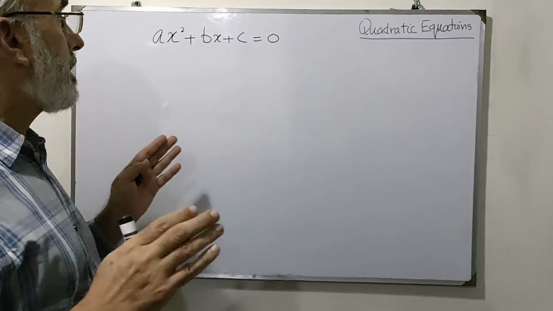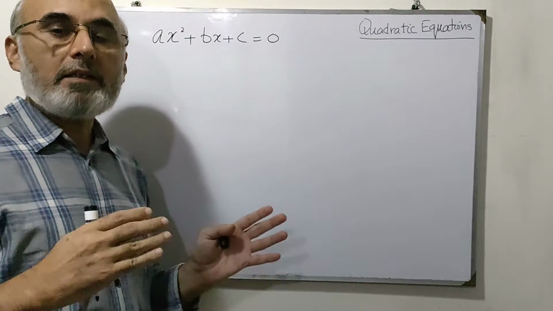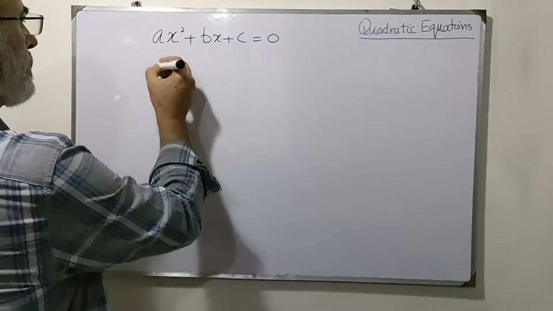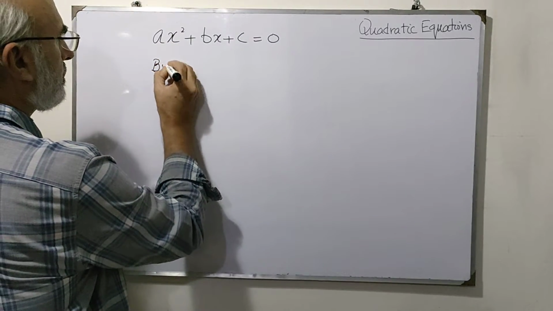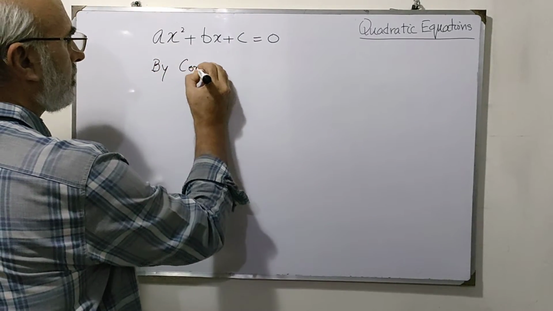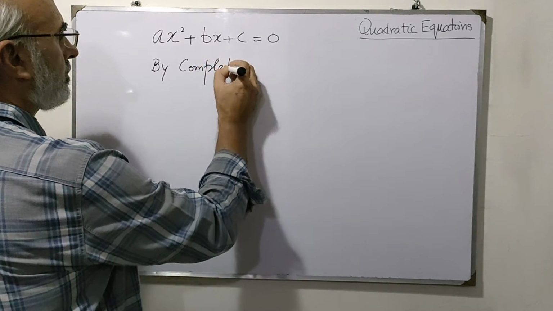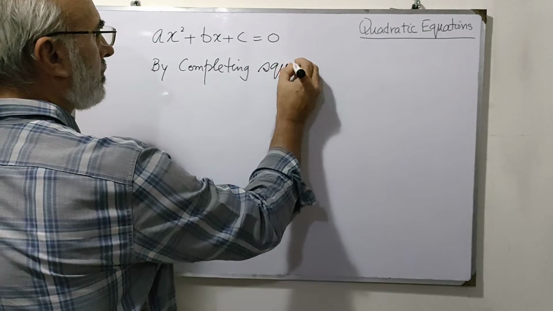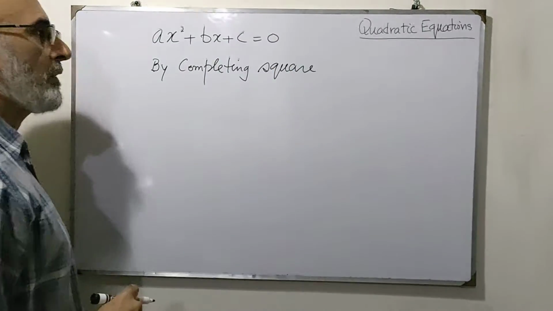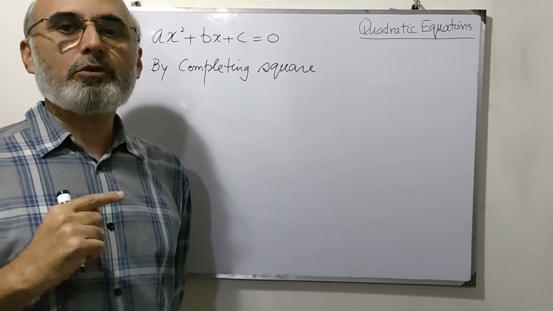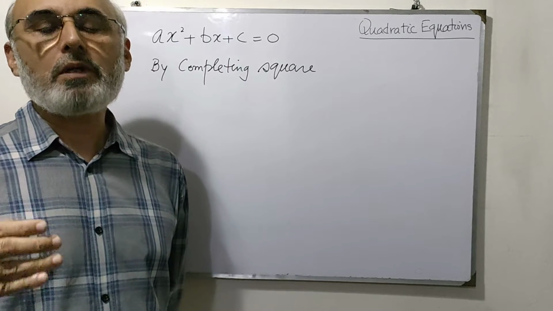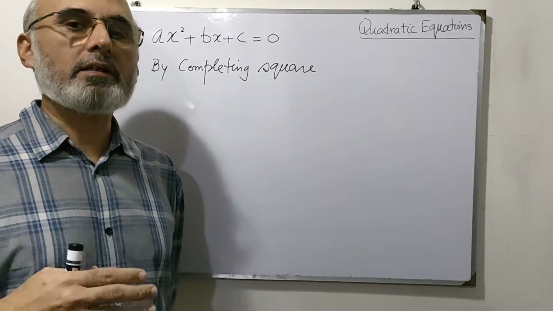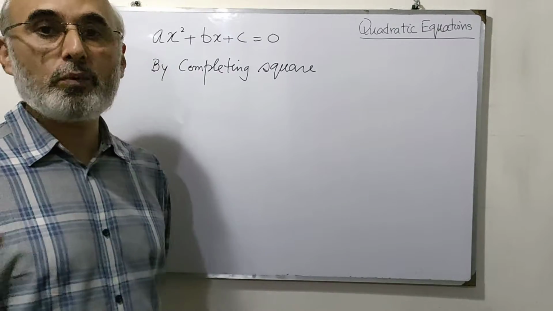Now, the method which we are going to use now is known as completing the square. So by completing the square, we are going to solve the quadratic equation now, and we are going to get the solution for the quadratic equations.